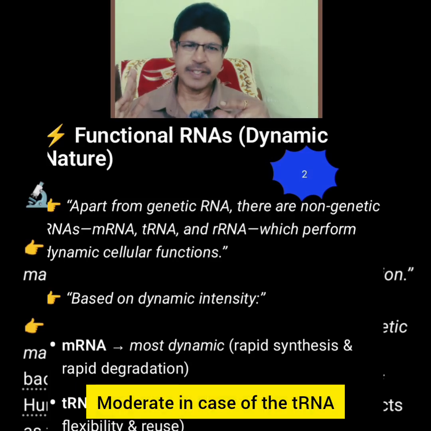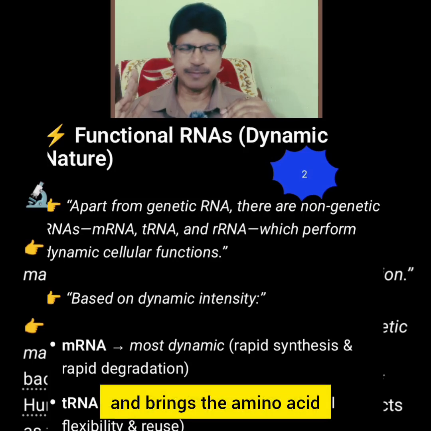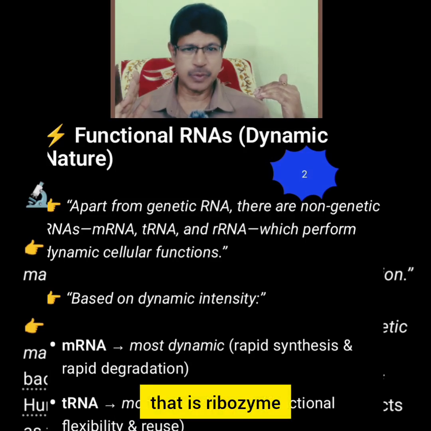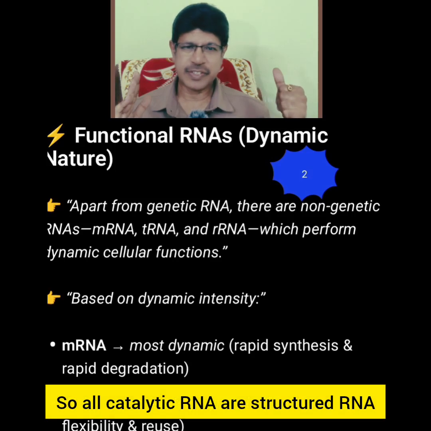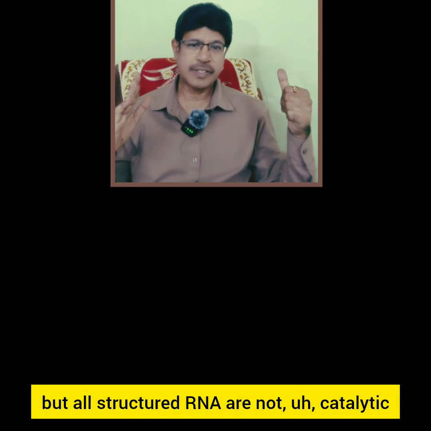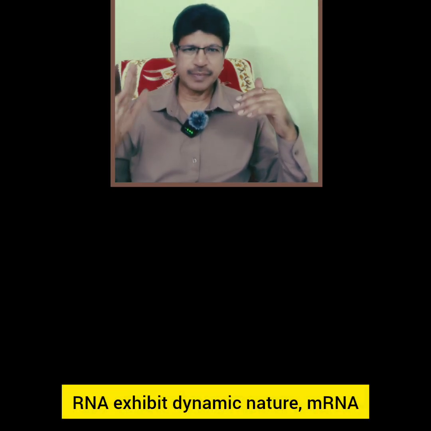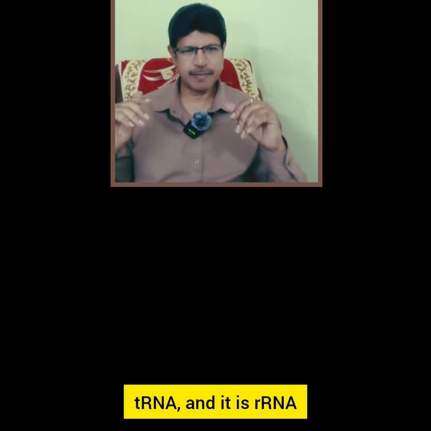Moderate in the case of tRNA, which can move and bring the amino acid. Then rRNA is structural as well as catalytic, that is ribozyme. So all catalytic RNA are structural RNA, but all structural RNA are not catalytic. So RNA exhibits dynamic nature: mRNA, tRNA, and rRNA.